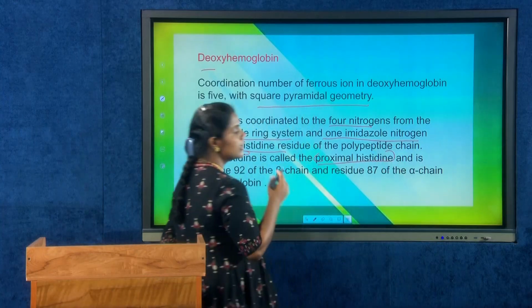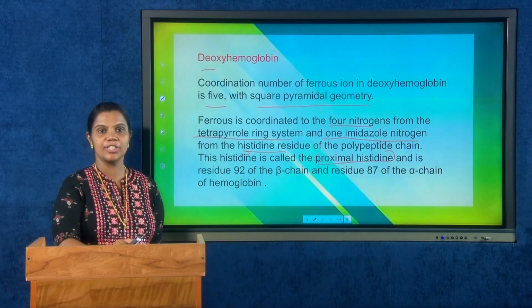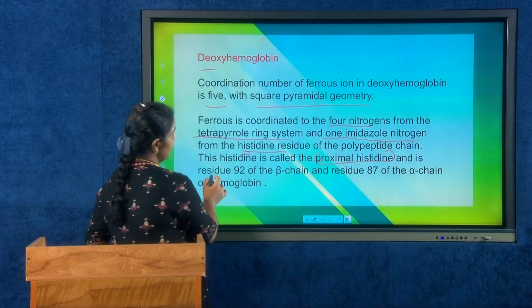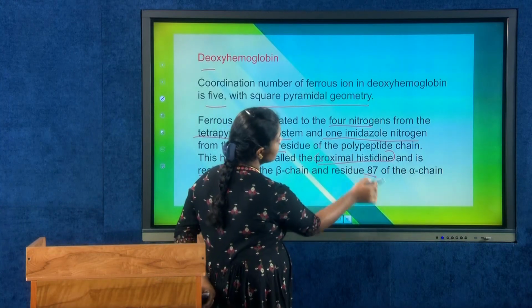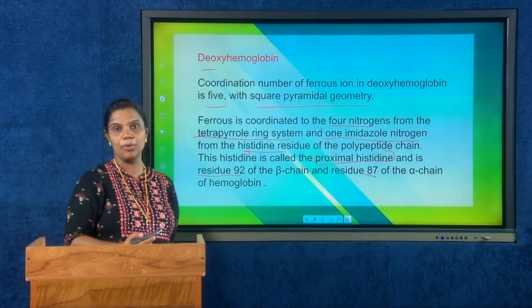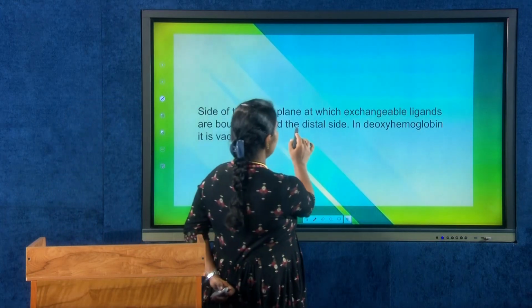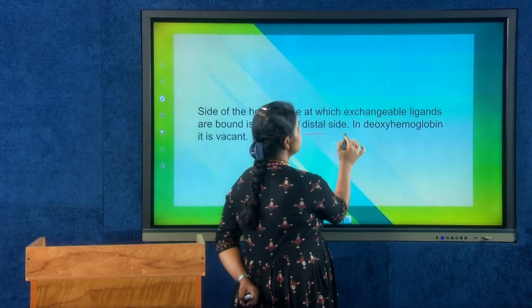We already learned about the proximal histidine in myoglobin in the previous lecture. This proximal histidine is residue 92 of the beta chain and residue 87 of the alpha chain of hemoglobin.